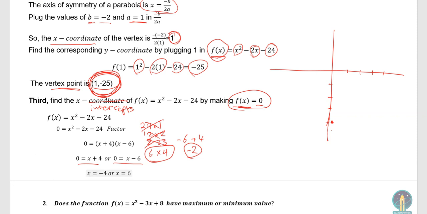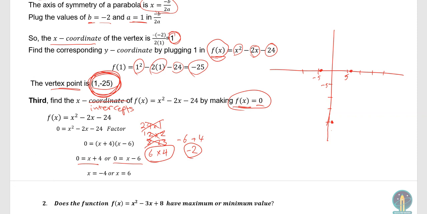So these are essentially our x-intercepts. So minus 4 will be, minus 5, plus 5, etc. So minus 4 is somewhere here, and plus 6 is somewhere here.